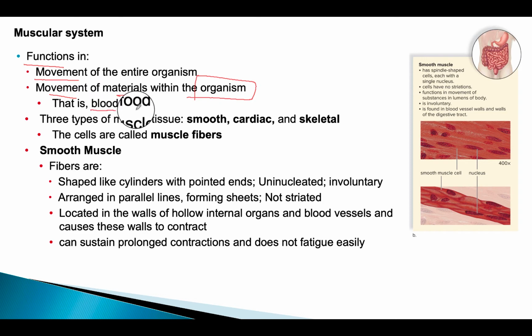The blood is basically going through the vascular system throughout the body because of the help of the muscles. Also food. The food that we consume goes through our intestines, again with the help of the muscles. So movement of the entire organism, us basically, and also movement of blood and food within us.